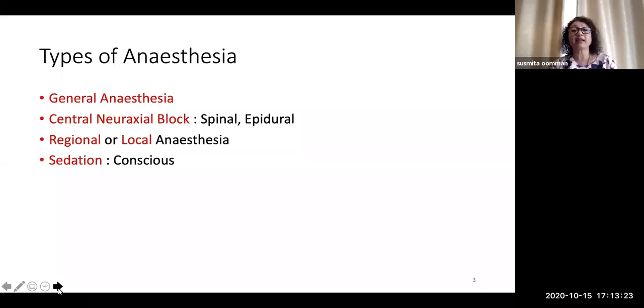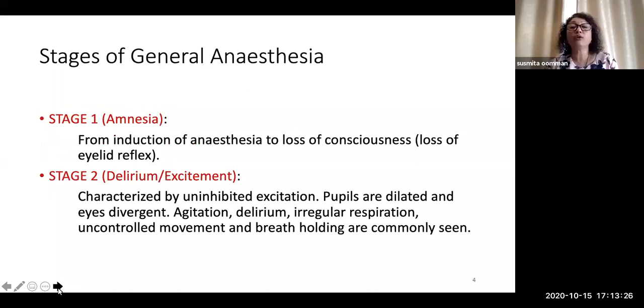So in my next slide, I'm going to tell you about the stages of general anesthesia. This is mainly from when in the beginning we were using ether and volatile agents as the sole agent for anesthetizing the patient.